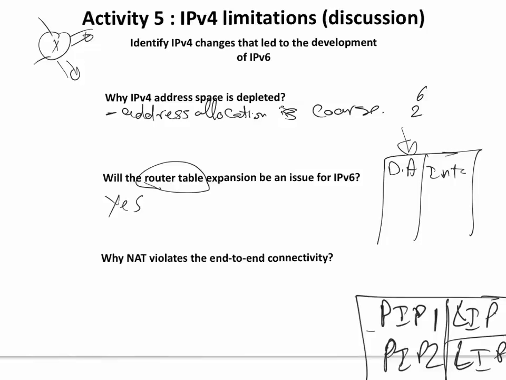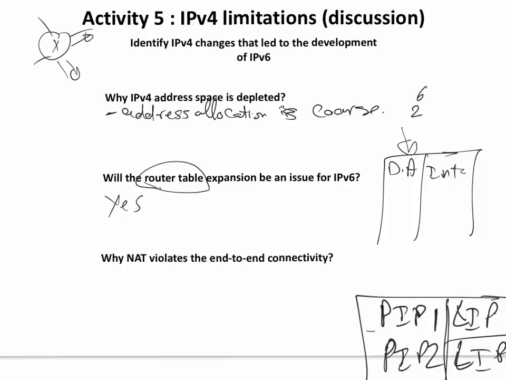So you will have lots of people in the same network, but not necessarily will the number of networks grow very large. So the problem is still there in IP address version 6, but it's not necessarily worse. Even though the address space has expanded drastically, the routing table will not grow with the same proportion.